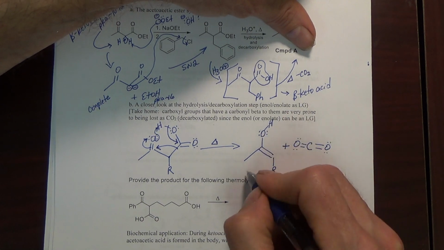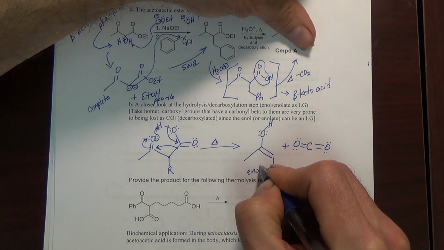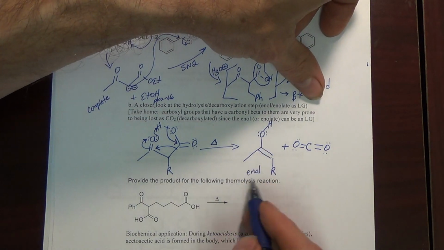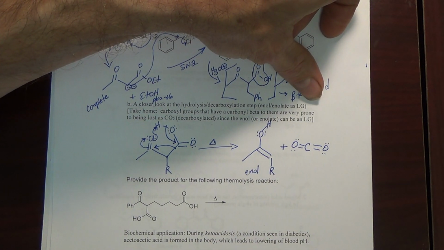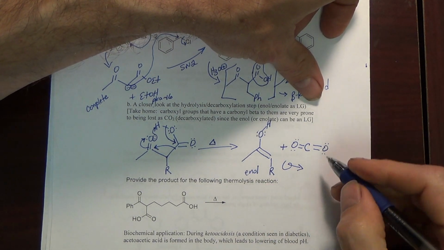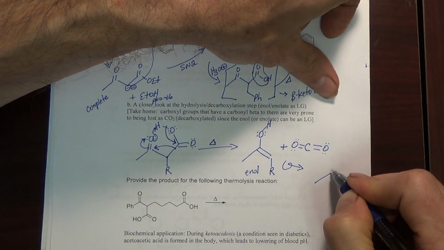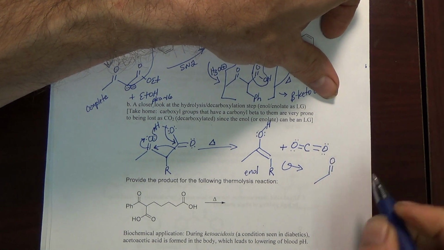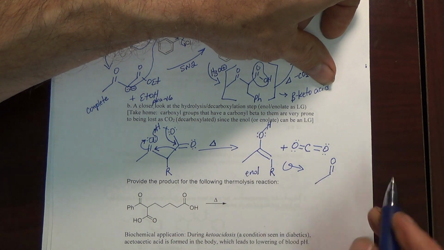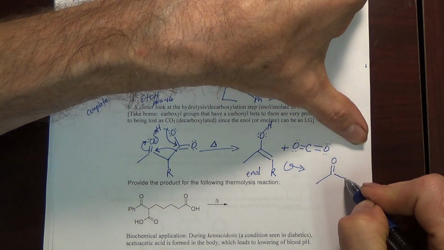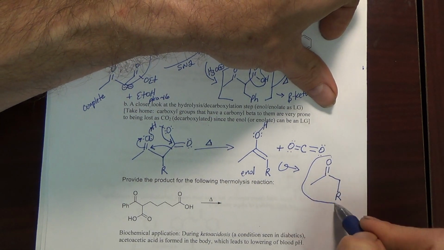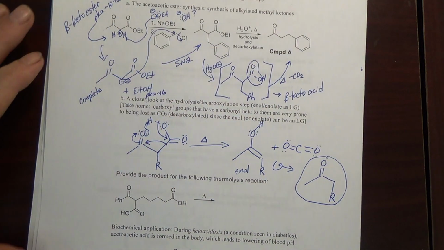What is this? This is an enol. What will the enol do? It will undergo tautomerization to give a double bond that will essentially shift between C and the O. There is the product.